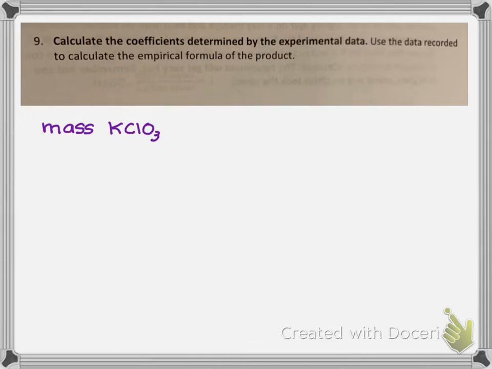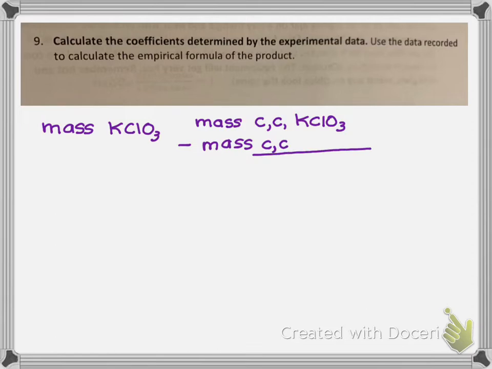To calculate this, we would take our number 2, the mass of the crucible, the cover, and the potassium chlorate. And we would subtract the mass of just the crucible and the cover. And then that, if you look at it, gives you the mass of the potassium chlorate.